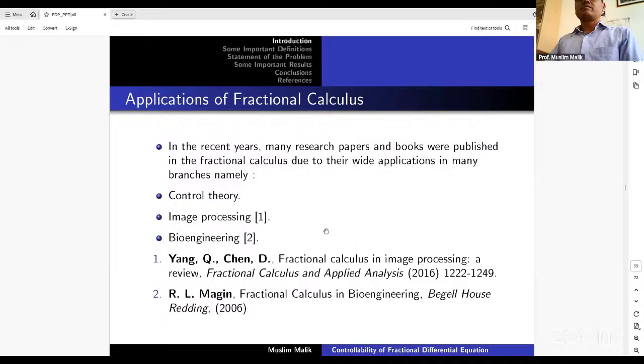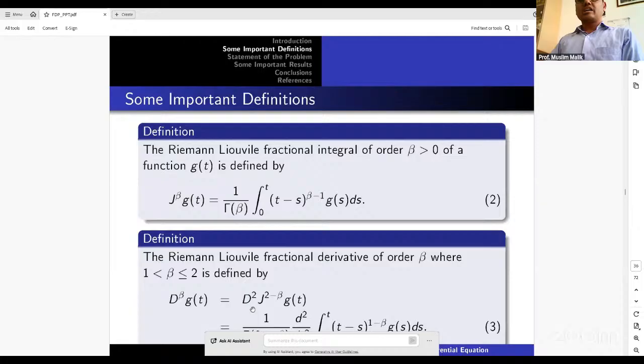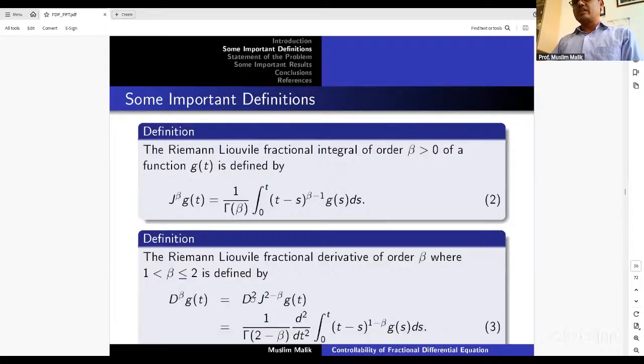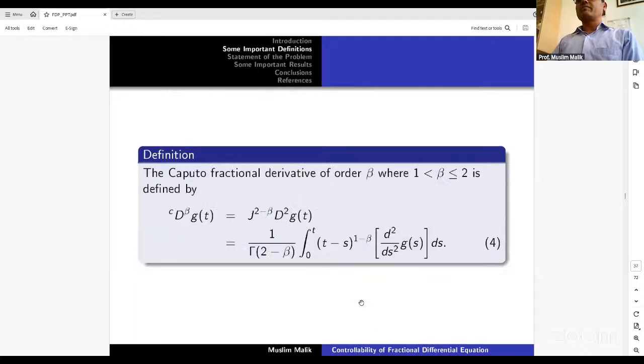Here I have already defined the integral and derivative, but here we need beta between 1 and 2. In that case we have m equal to 2, and the same formula will work for the fractional integral and derivative of order 2.